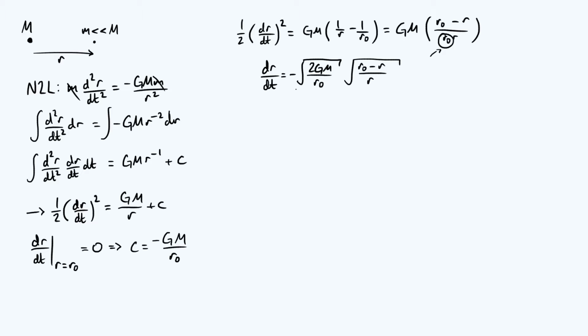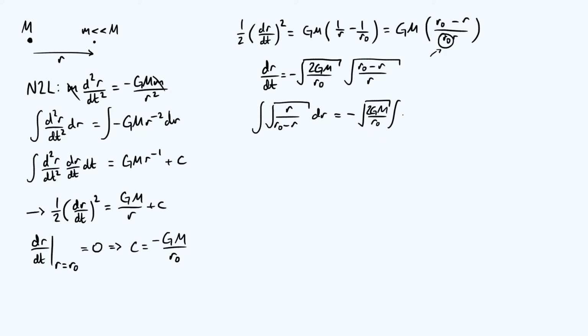Then, okay, so we're going to separate the variables. This is a separable first order differential equation. So if we put all of the r dependent terms on the left, then multiply up by dt, we are going to find that the integral of the square root of r over r0 minus r with respect to r is minus the square root of 2GM over r0, that whole thing is a constant, right?